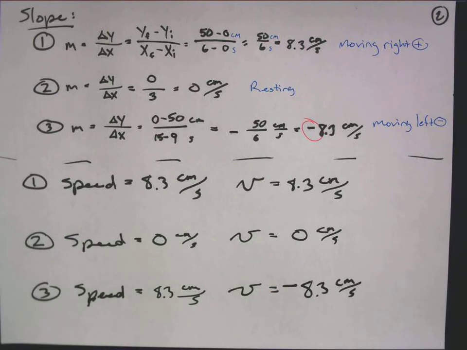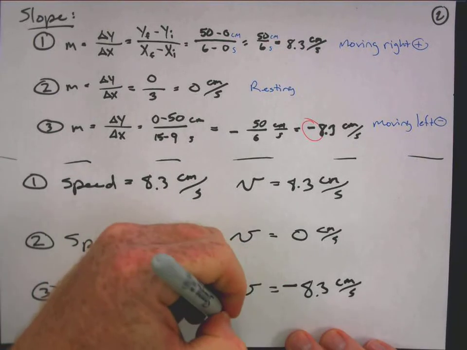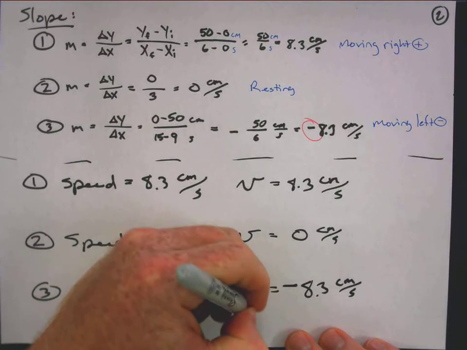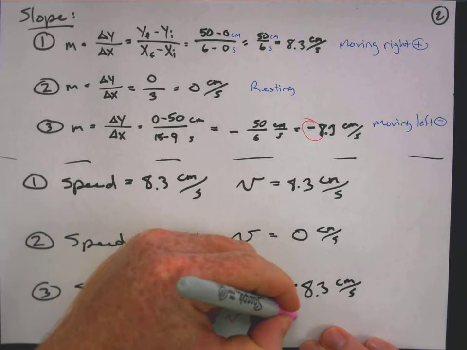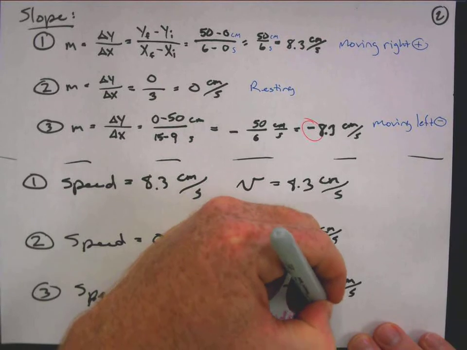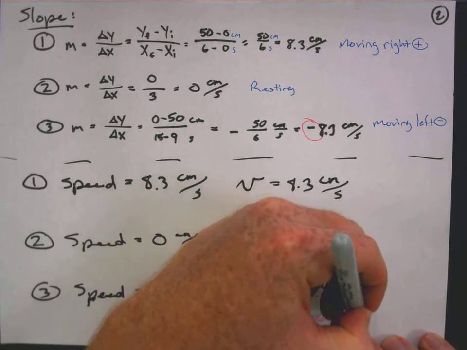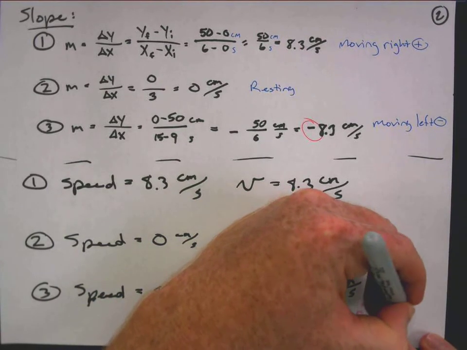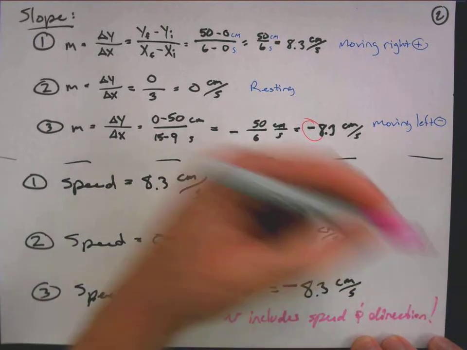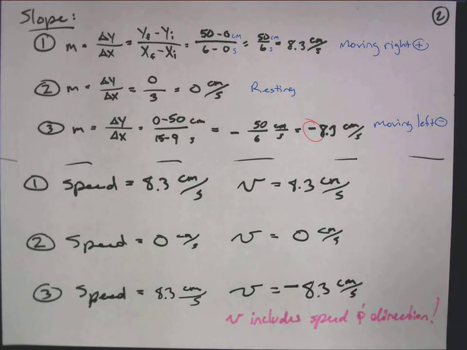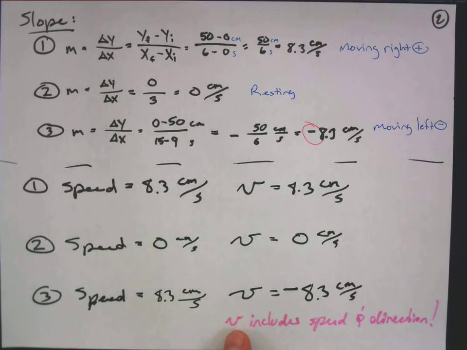And that really matters because velocity includes both speed and direction. You do care which direction it's going if you're talking about the velocity. It absolutely matters.